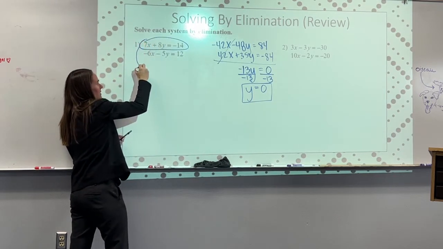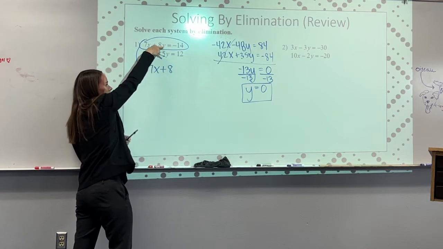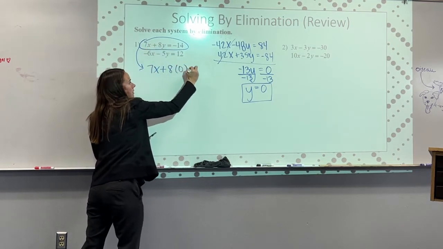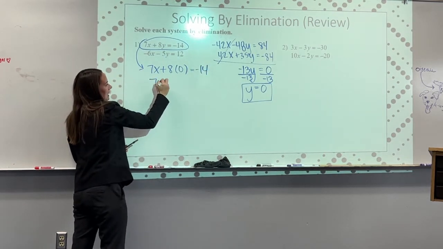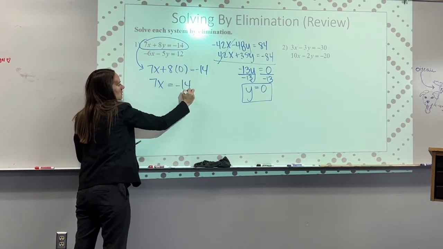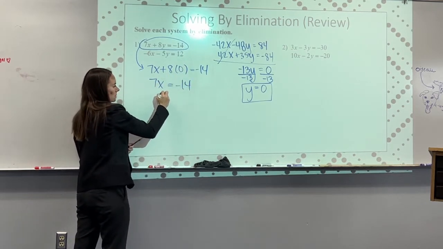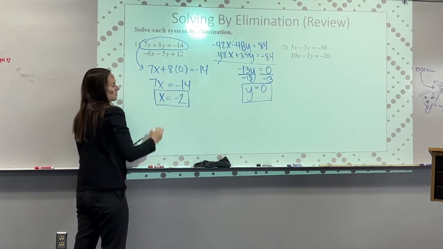Okay, so we're gonna have 7x plus 8, and my y, what do I write y as now? 0, good. Equals -14. That gives me 7x equals -14, because my 8 times 0 is gone. So x equals -2. And we're done.